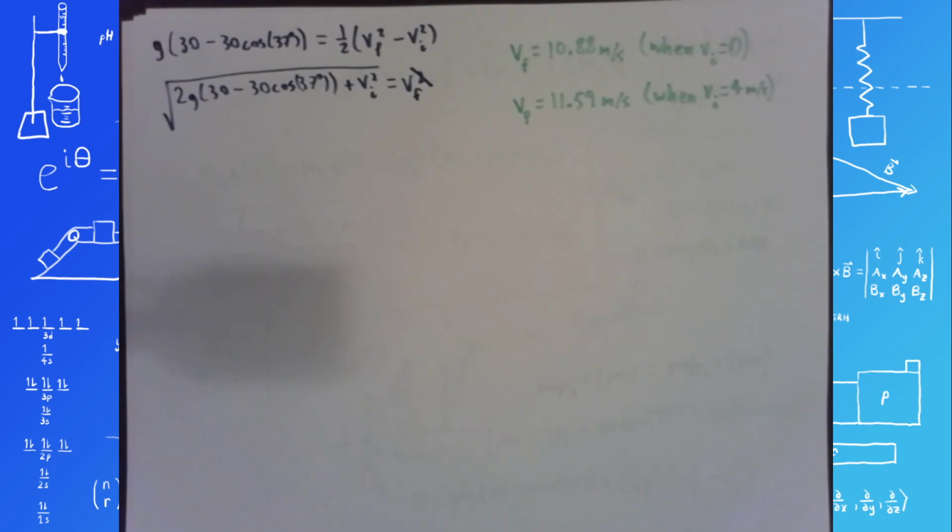Let's see if we can squeeze in one more problem. Is there anything here that would be good to include that doesn't take too much time? Because we're kind of short on that. That's just another swinging position or swinging problem. We don't need to do that.